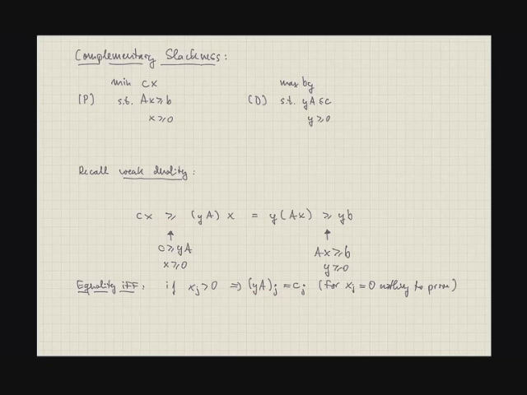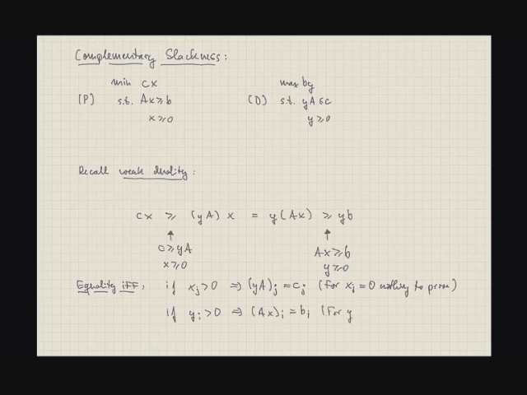And likewise on the other side, if yi is strictly larger than 0, again, when yi is equal to 0, then I have a 0 here and a 0 there, so there is nothing to show. But if it is strictly larger than 0, then it should better be the case that a times x evaluated at the ith position is equal to bi, right?